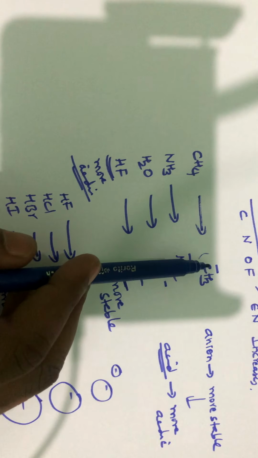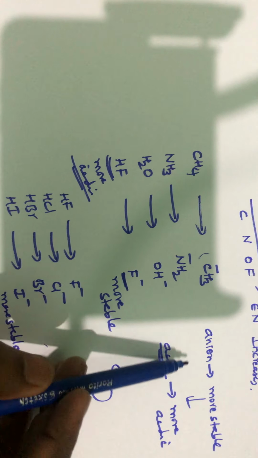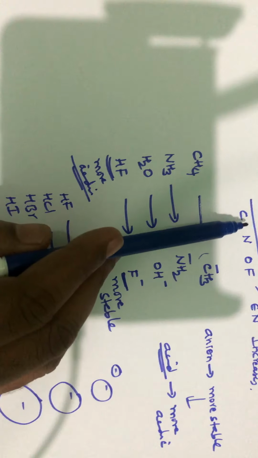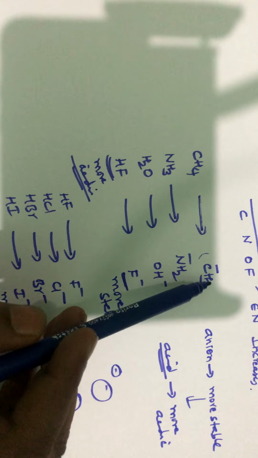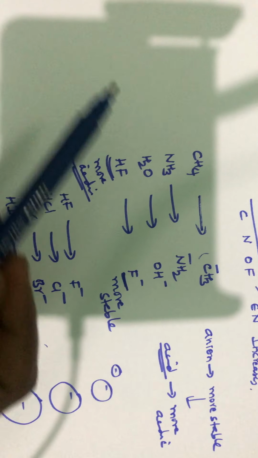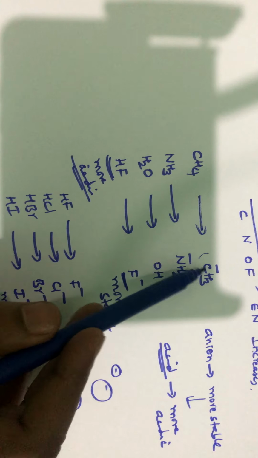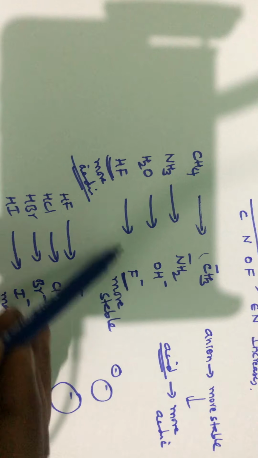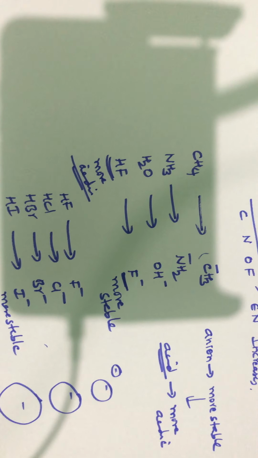Whereas across the period, the size goes on decreasing only slightly, so not much difference in size is observed. Hence electronegativity plays a very important role: the greater the electronegativity, the more stable the anion, and the more acidic will be the compound. Okay, so this was about the strength of acids and bases. Thank you.